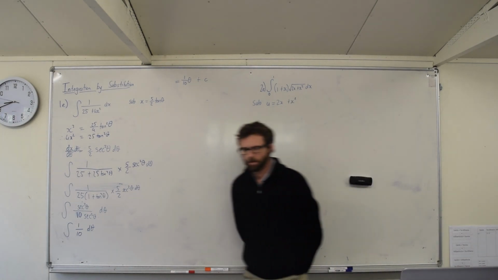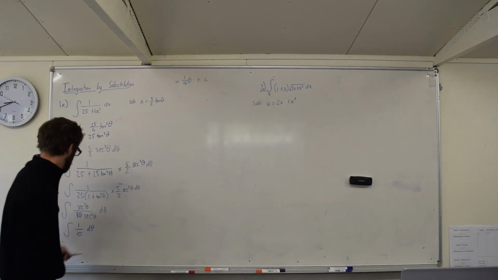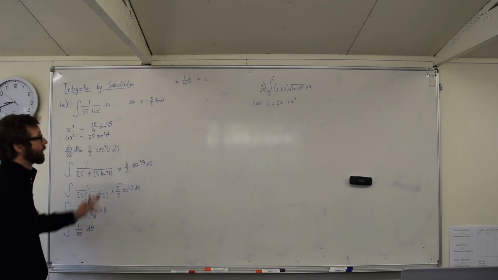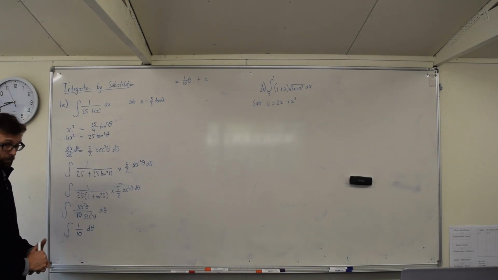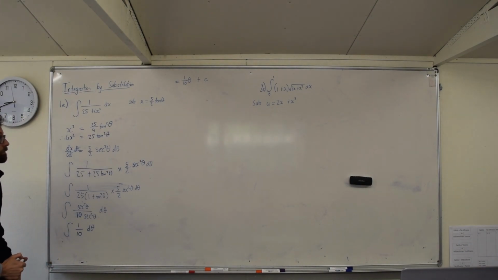Are you okay with that derivation? Is that making sense? So when we integrate this, we go up to theta to the power of 1. Okay, not quite finished. There's one final step. We want to get it back in terms of x.